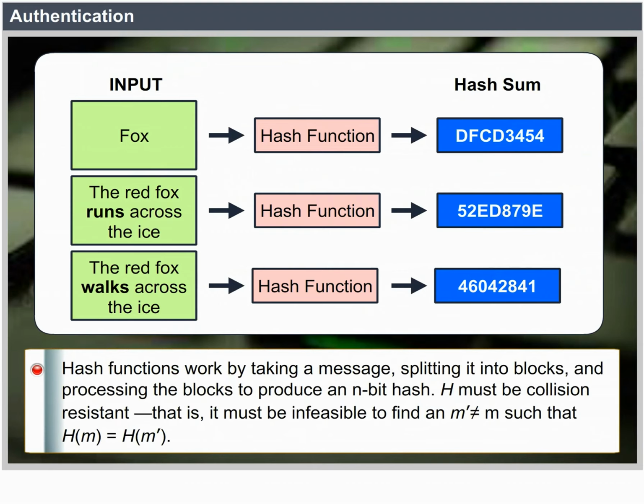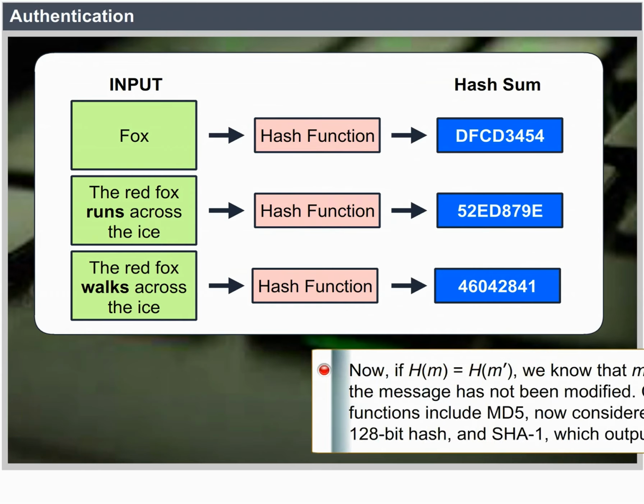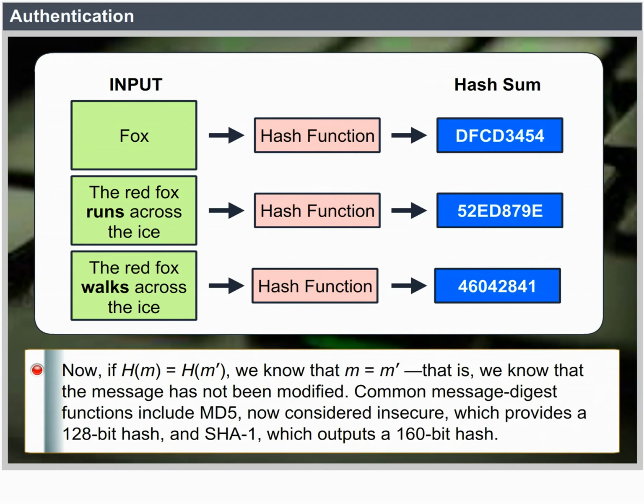H must be collision resistant, that is, it must be infeasible to find an m' ≠ m such that H(m) = H(m'). Now, if H(m) = H(m'), we know that m = m', that is, we know that the message has not been modified.